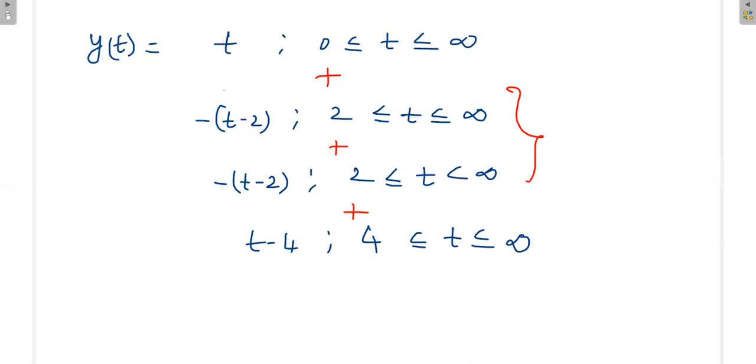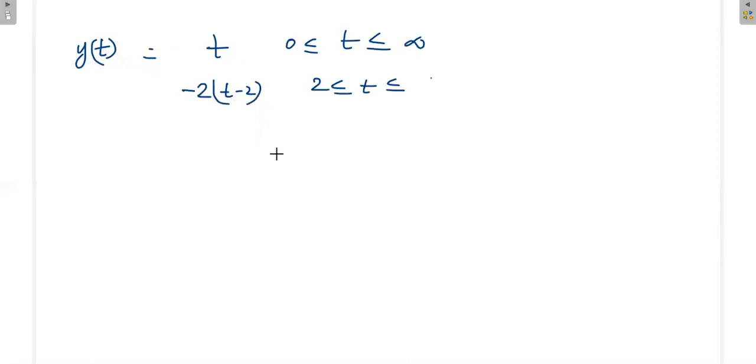If you simplify that, y of t is equal to t from 0 to infinity, minus 2 times t minus 2, with limits from 2 to infinity, then finally t minus 4 from 4 to infinity. So now if you add all these things, what will happen? We will see one by one.